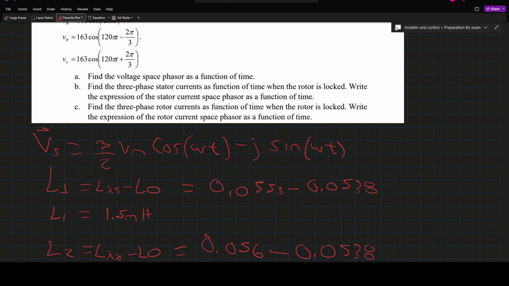So 3 phase stator current as a function of time, and our expression for stator current space phasor as a function of time. Okay, so our IS is our space phasor. Now find the 3 phase rotor currents as a function of time, so the same but with our IR.